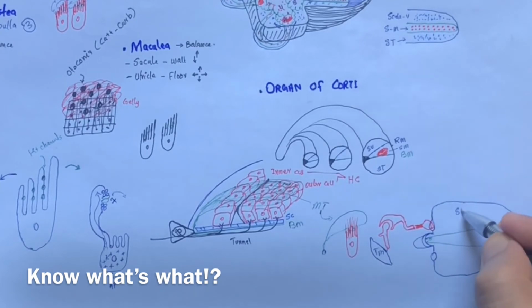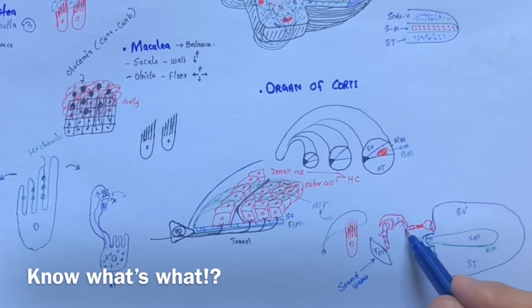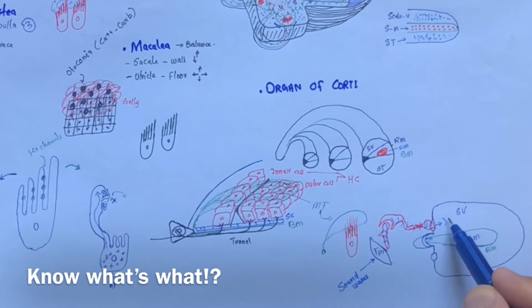So here is the scala vestibuli, here's the scala tympani, here's the scala media, right? Here's the basilar membrane, okay? This is the basilar membrane. Now the sound waves will vibrate the tympanic membrane, and the tympanic membrane and the ossicular chain will take the vibration to the scala vestibuli.